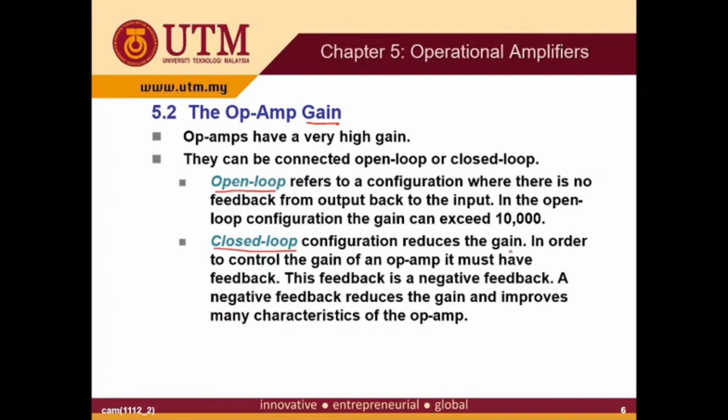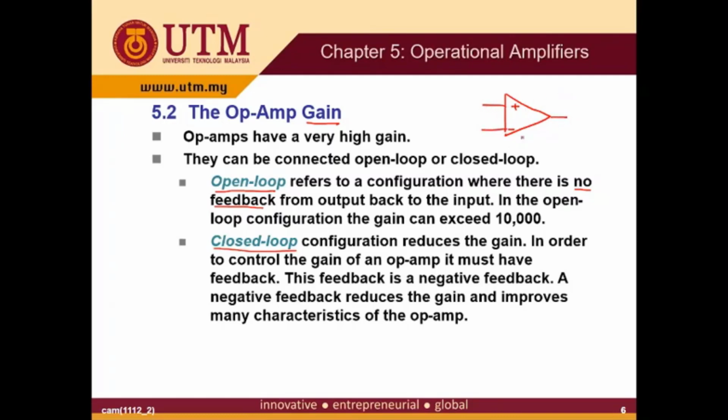So what is the main difference between open loop and closed loop? Closed loop is the one with feedback, and open loop is without any feedback. Open loop means there is no feedback from the output back to the input. If you consider the op-amp, this is your input. You have the non-inverting and inverting inputs, and then you have your output.